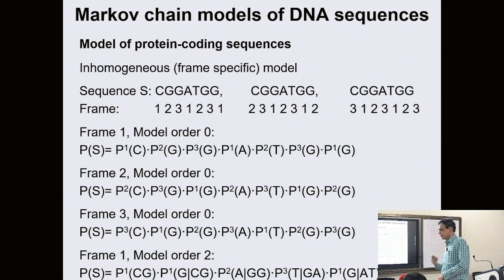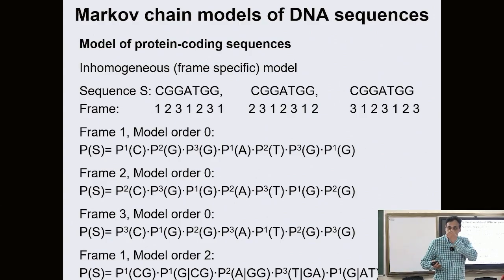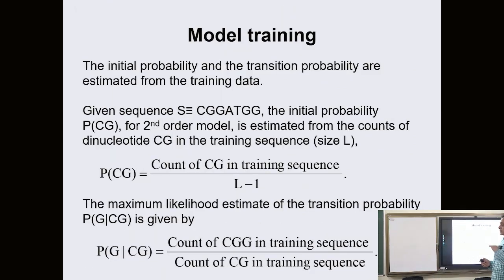Okay, so this is how the non-coding sequences and protein coding sequences were modeled using Markov chain models. Now, once you have the modeling part, which is computing the probabilities, the other part is how you can compute the values of these probabilities.